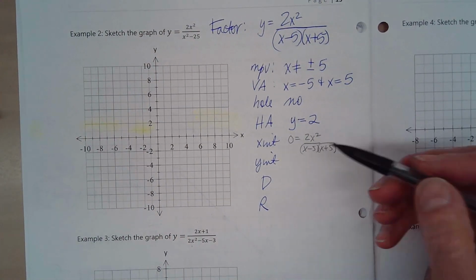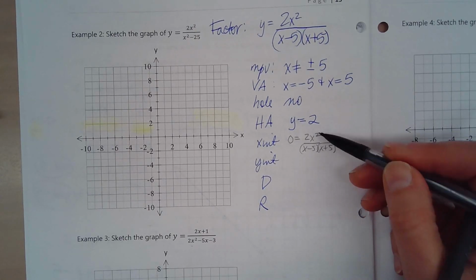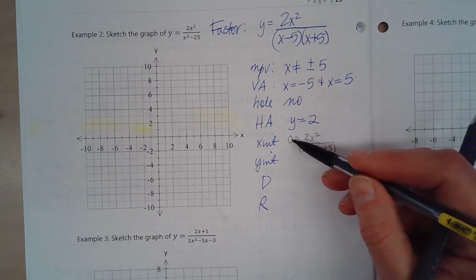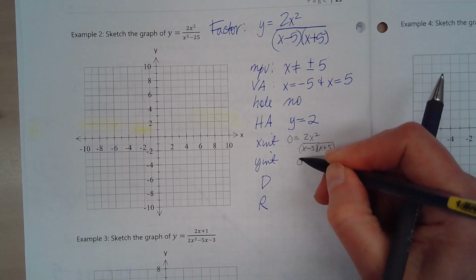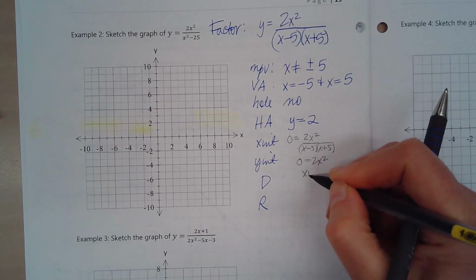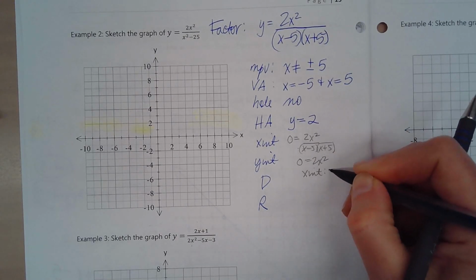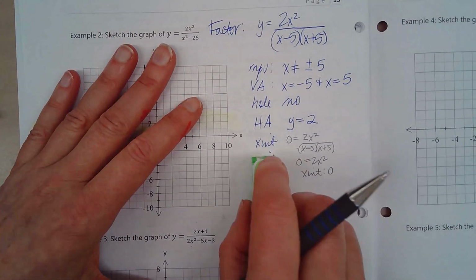I've got a 0 here, so I would do a cross multiply. These two multiplied together have to equal this, and 0 times anything ends up as 0. So I get 0 equals 2x squared. So the x-intercept must be 0. Agreed? Okay, I'm going to move these down.